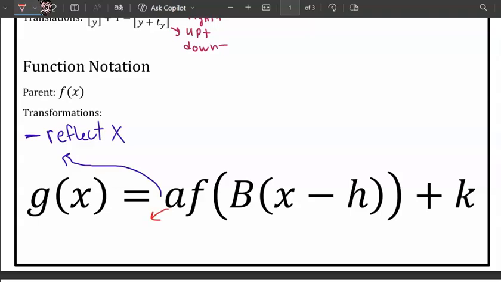And then for the a, if not counting the negative sign, the a is greater than 1, it's a vertical stretch. If the a, not counting the negative sign, is less than 1, it's a vertical compression.